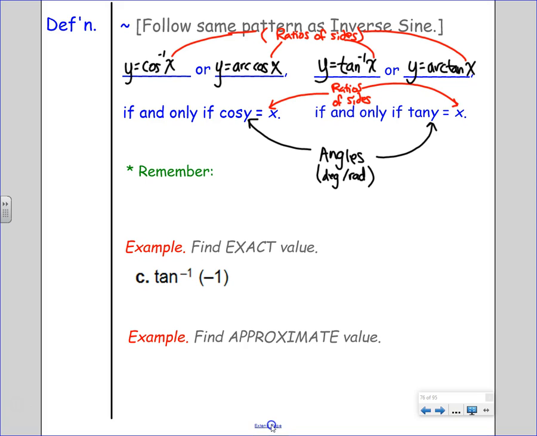So what comes out will be angles. Maybe the arrows are more complicated than they need to be, but long story short, normal trig, angles go in, ratios come out. Inverse trig, ratios go in, angles come out.